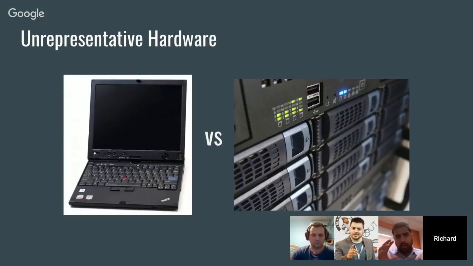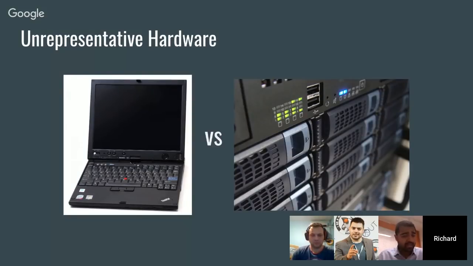And when the hardware changes, it causes a shift in where bottlenecks manifest. So for example, if you have a 2 or 4 core processor in your laptop and a 32 core processor in your server, you're going to see very different concurrency or lock related problems on a 32 core processor than you would on your 2 or 4 core.